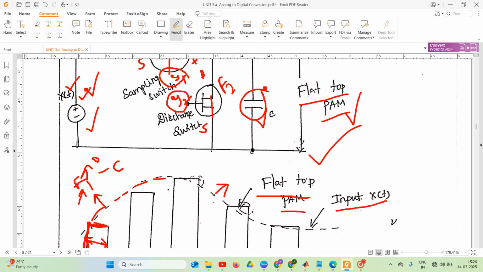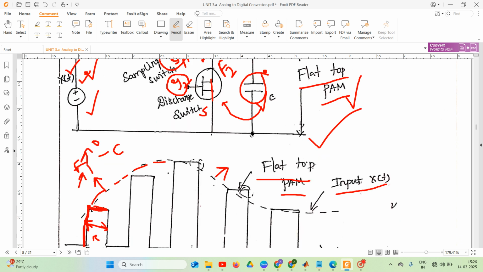So once the FET 2 is closed, the capacitor starts to discharge through the FET 2, right? So now the capacitor discharges slowly at the FET 2. So in this way, with opening and closing of FET 1 and FET 2, the capacitor charges and discharges, right?